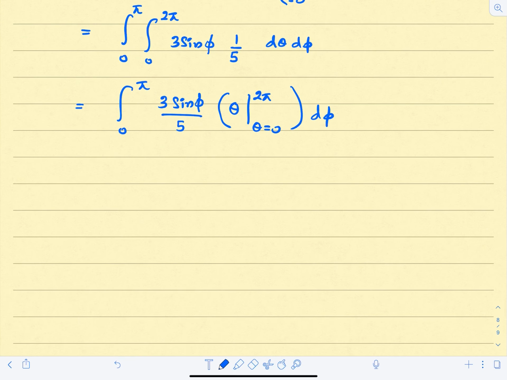And if you apply the upper limit, you will get 2 pi. So you have 3 sine phi over 5 times 2 pi minus the lower limit will give you 0.